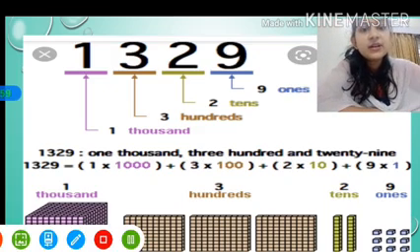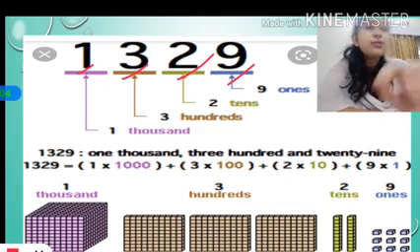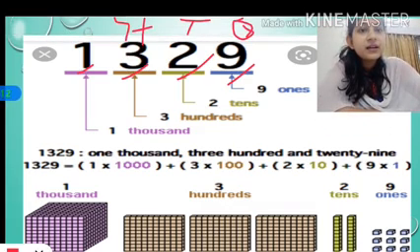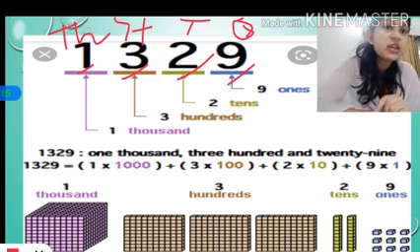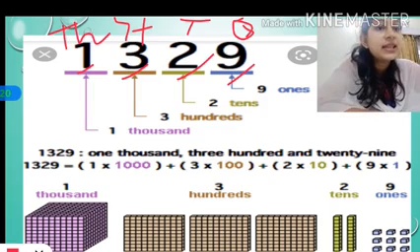See here, a number is here, 1329. So here it will be ones, then tens, then 100, and then 1000. When the number is sitting in the place of ones, it is 9 ones.